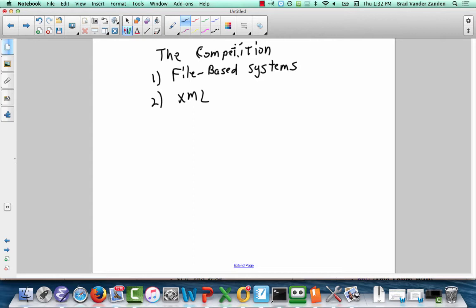And the big competition really would be what existed in the 60s and 70s, which were file-based systems, and then XML, which is a more recent addition. It's a markup language. Language for data, where you use tags to identify data. And we'll talk about this later in the course.